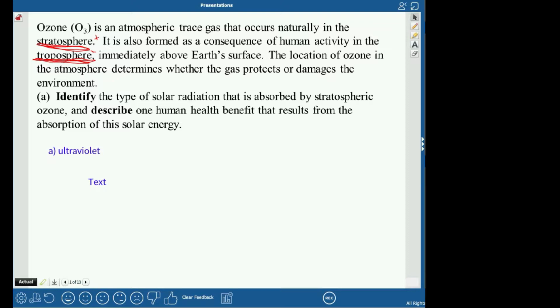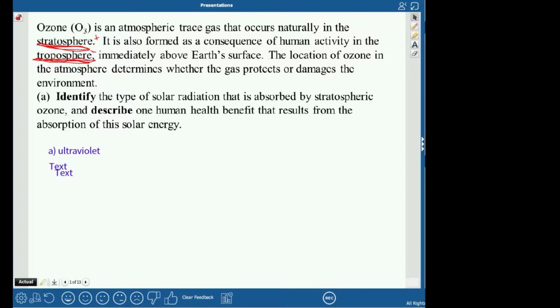That's really nice, I think. You can say UVA or UVB, but as long as you say ultraviolet, they're okay with that. Then they want a human health benefit that results from absorbing solar energy.